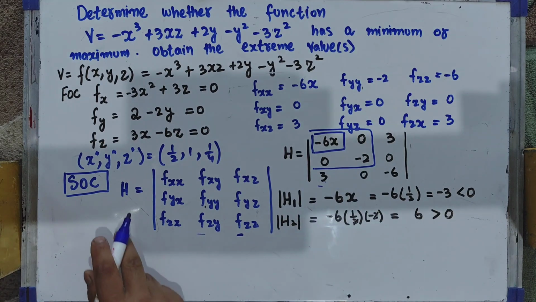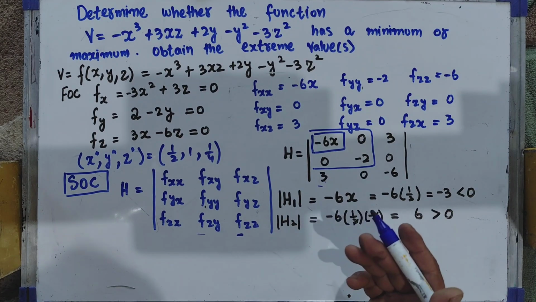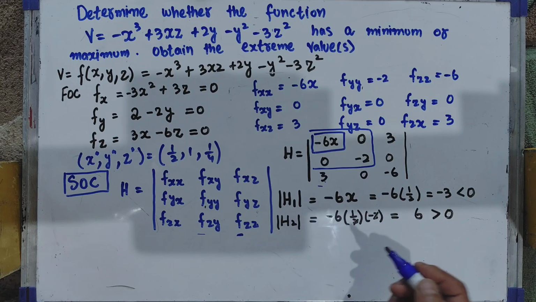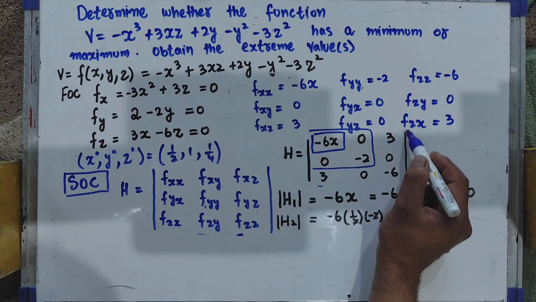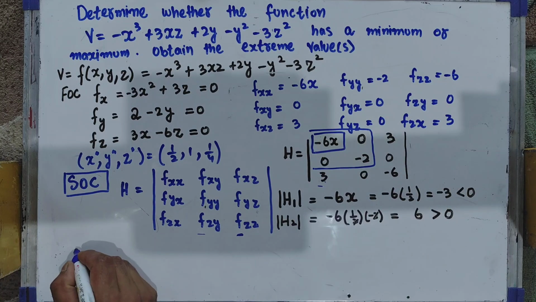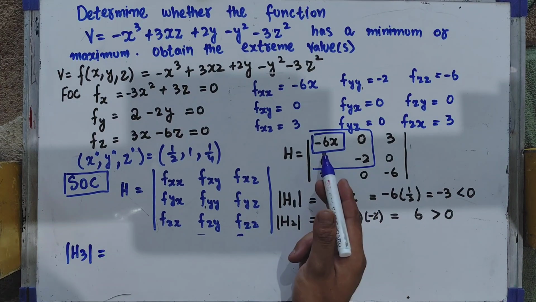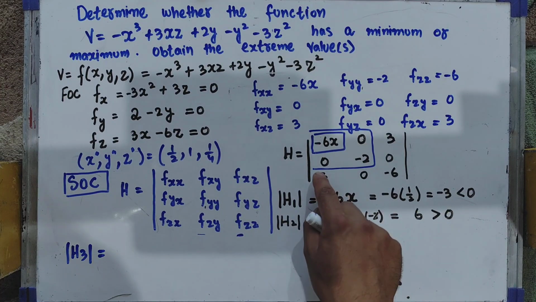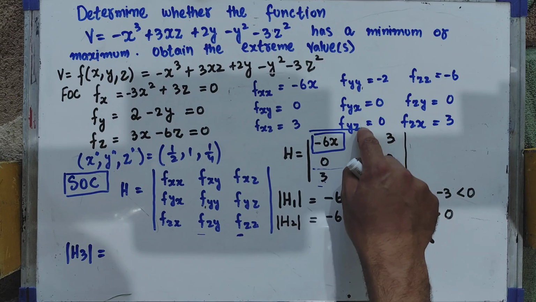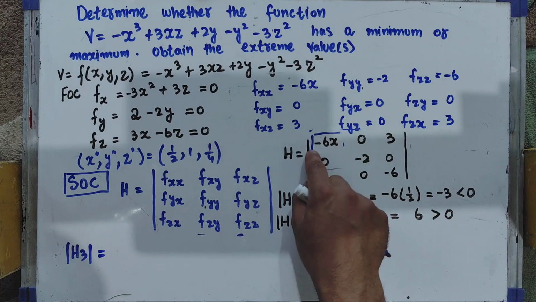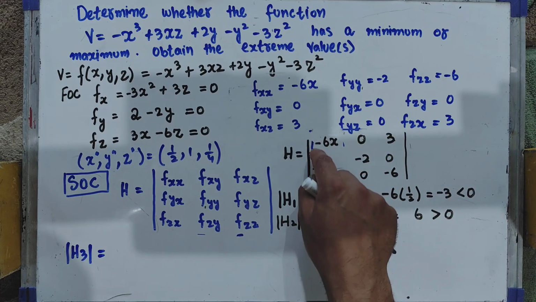Now let's find the third order principal minor. That will be this whole matrix. So the determinant of H3 will be, if we have a 3 by 3 matrix, how do we take the determinant? Let me explain it here.